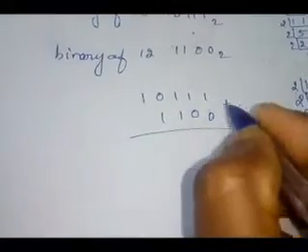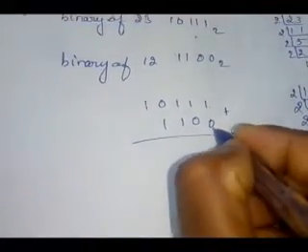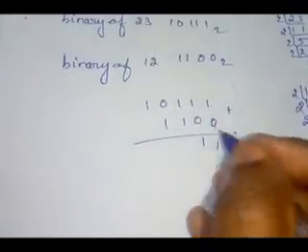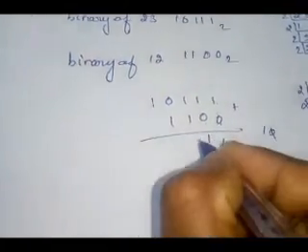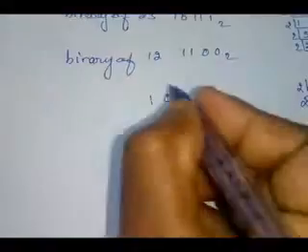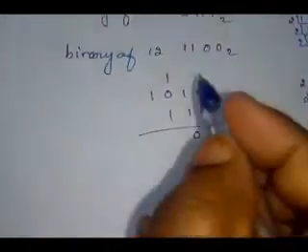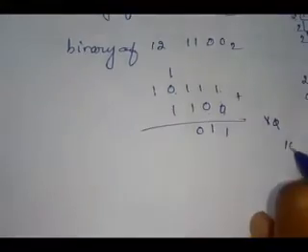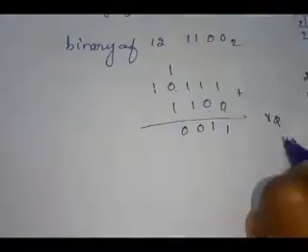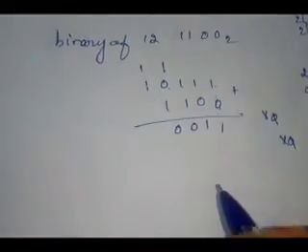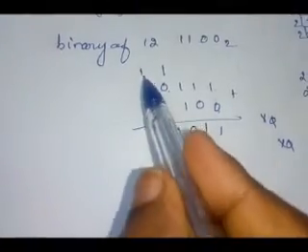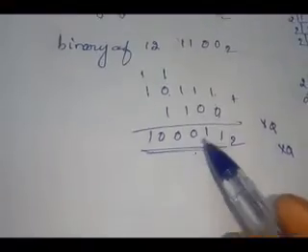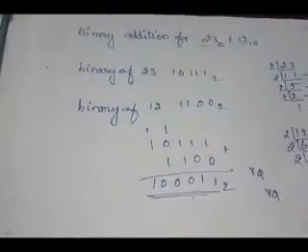Then add these two numbers. 1 plus 0 is 1, 1 plus 0 is 1, 1 plus 1 is 1 0, so 0 is written here and 1 is the carry bit for the next one. Okay, binary addition for 23 plus 12.